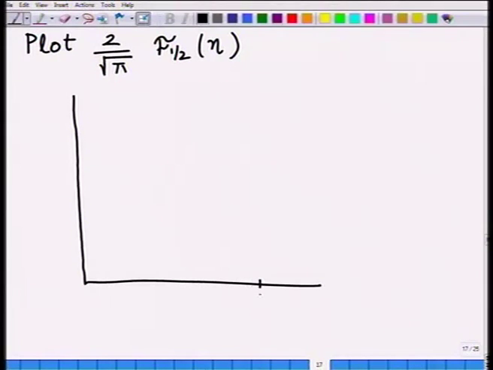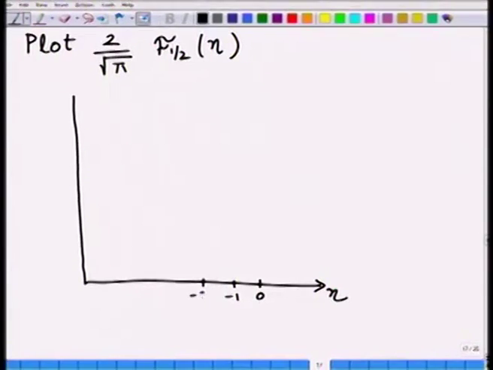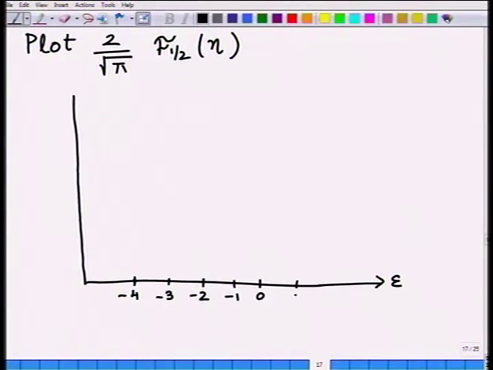Here is 0 and I am plotting eta, and here is -1, -2, -3, -4, etc., and there is 1, 2, 3, etc., and on the log scale, here is 10 to the power -2, 10 to the power -1, 10 to the power 0, and 10 to the power 1. If I plot this, the curve looks like this, approximately.